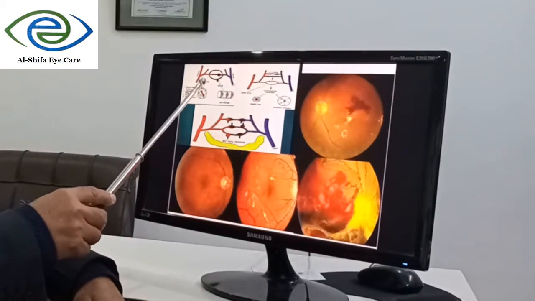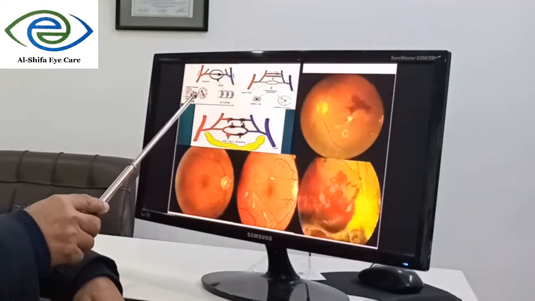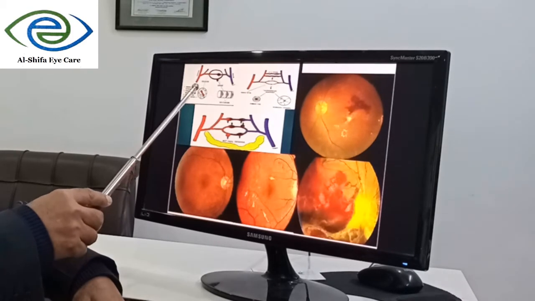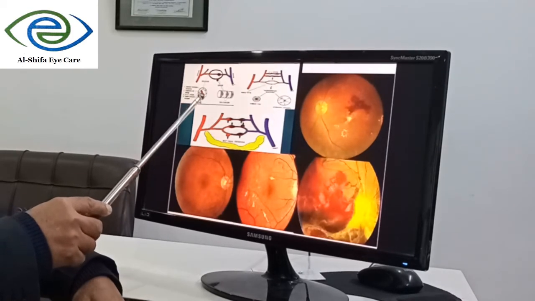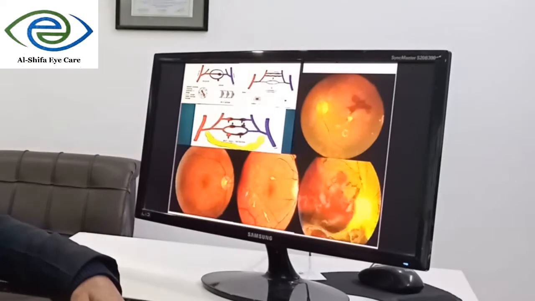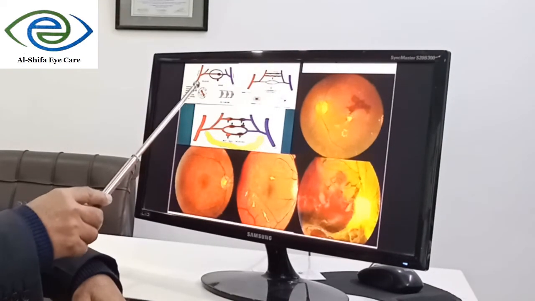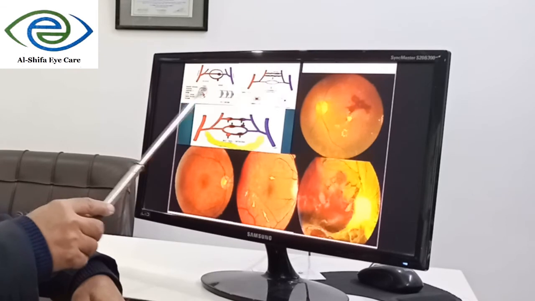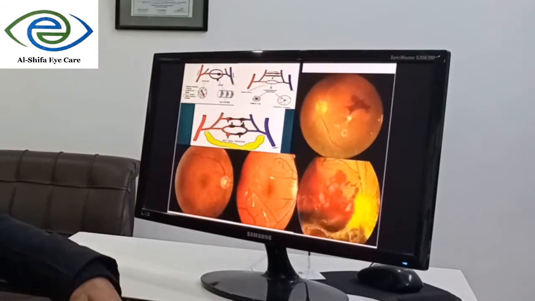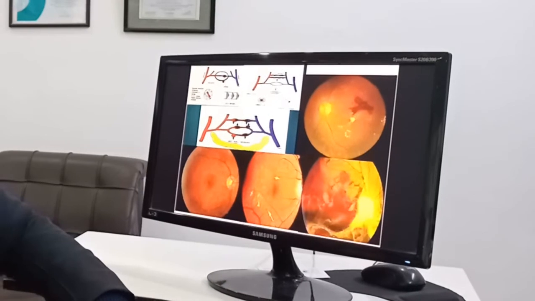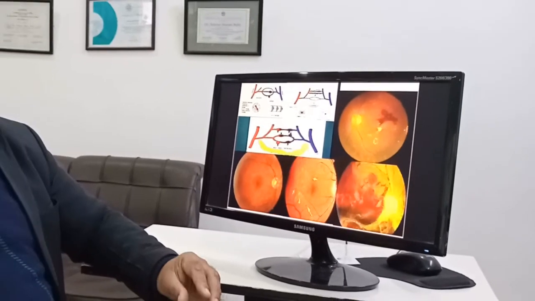Thickening of the basal membrane and swelling of the endothelial cells leads to constriction of the lumen of the vessel. That means there is narrowing of the lumen, occlusion of the lumen, which leads to less supply to the area of the retina. Due to this less supply, the area becomes deoxygenated. It gets less oxygen and becomes diseased.